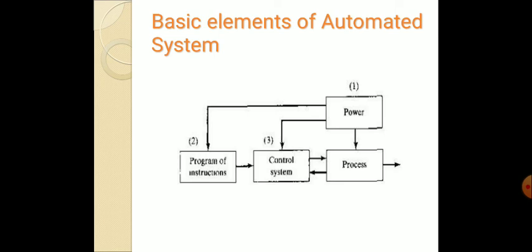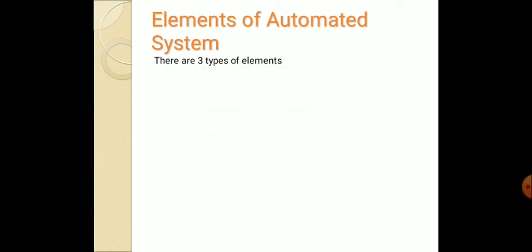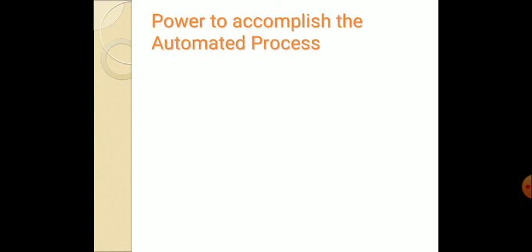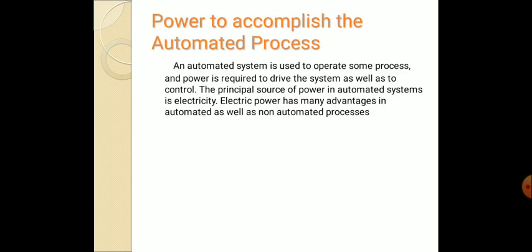The control system causes the process to accomplish its defined function, which is to carry out some manufacturing operation. So last of this, the process is carried out. So this is the explanation regarding the elements of automated systems.